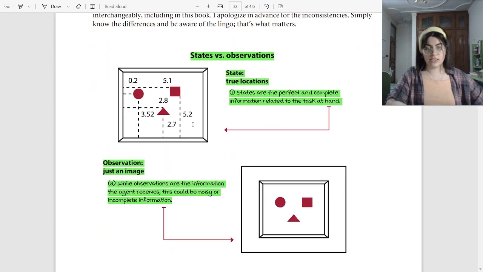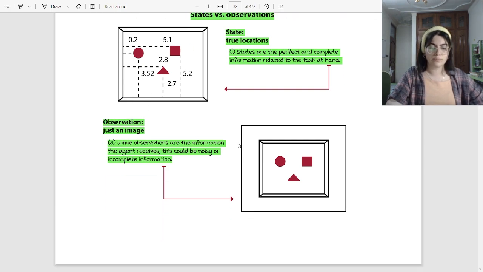We have the states, which are the true locations and every single important thing that makes up this environment, for example the locations of these objects, but the observation will be just an image. So this is the observation that the agent receives. It doesn't have access to these exact numbers.